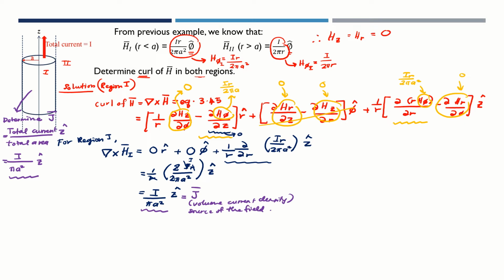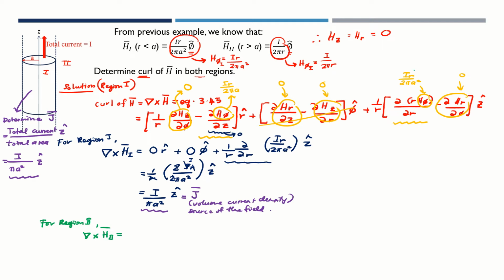All right, so now let's do region number 2. Using a different color here. For region number 2, the curl of H is equal to, of course this is going to be the same, 0 and 0.